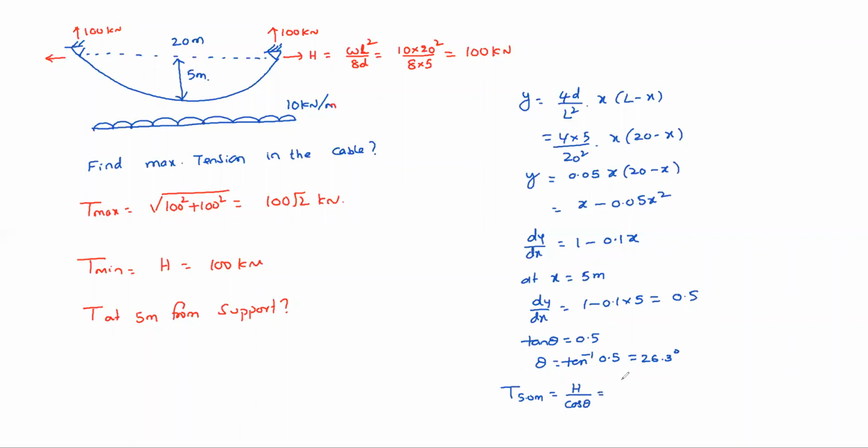That equals H is 100 kilonewtons by cos of 26.3 degrees, which is equal to 111.798 kilonewtons.